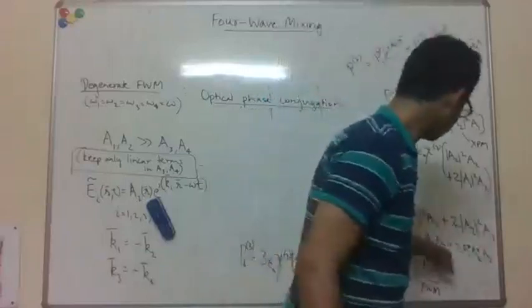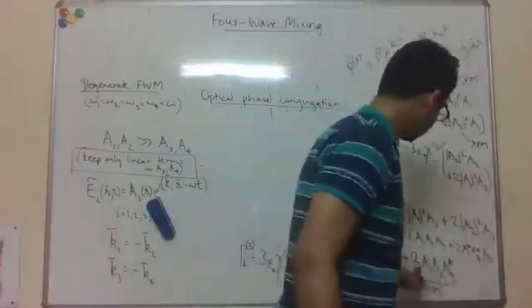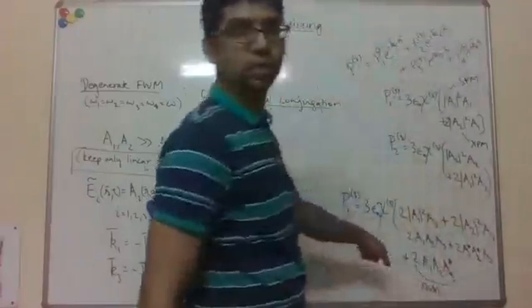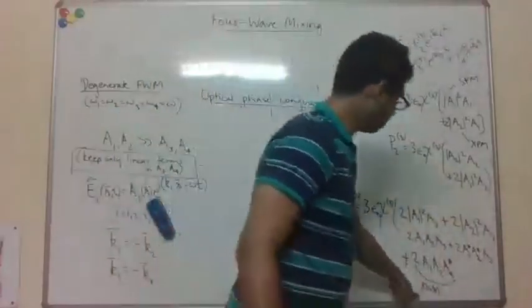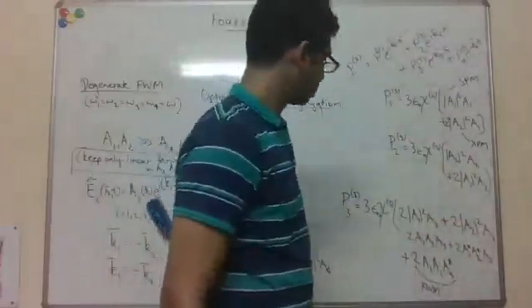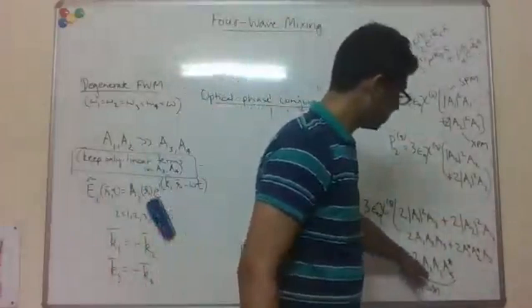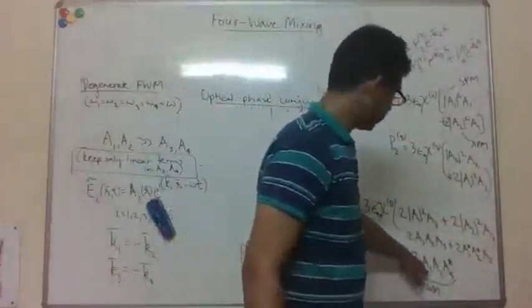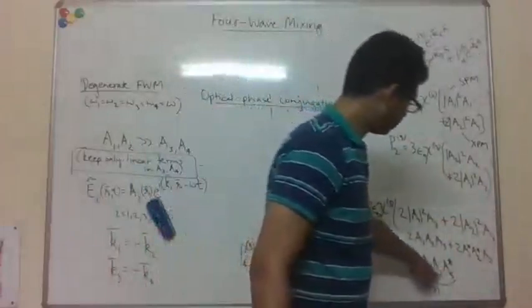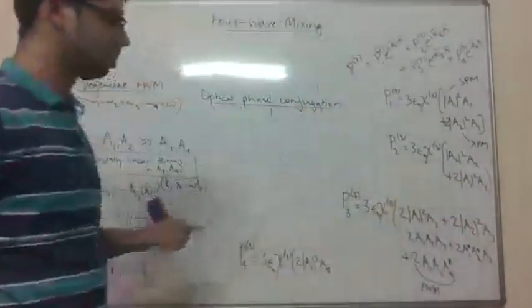So these terms have A3 in the end, but this term doesn't have A3, it has A4 conjugate. So that's the four-way mixing term. The two pumps are mixing with the conjugate to give me the signal.